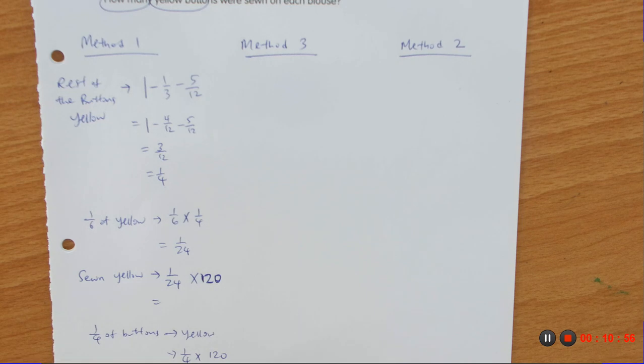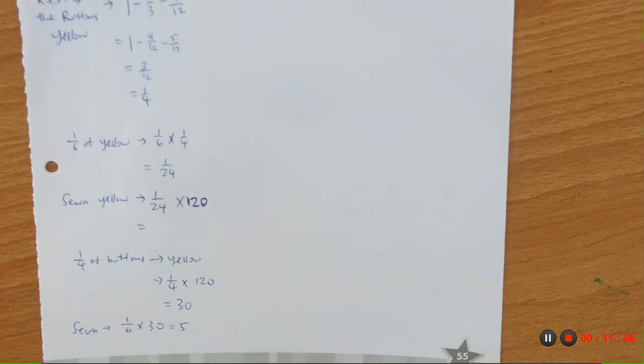So 1/6 times 30, 5. So that's an easy step. 5 yellow buttons are sold.